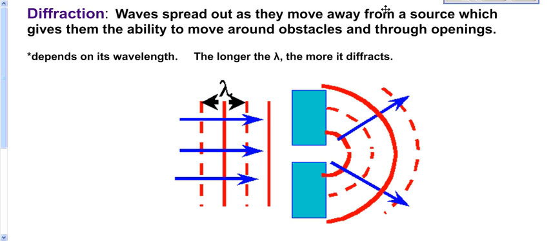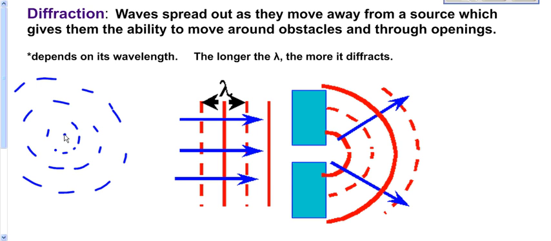But anyway, diffraction simply refers to when waves travel, they spread out. For example, if I dip my finger in water, maybe here, then I'm going to get these ripples moving out away from the source.